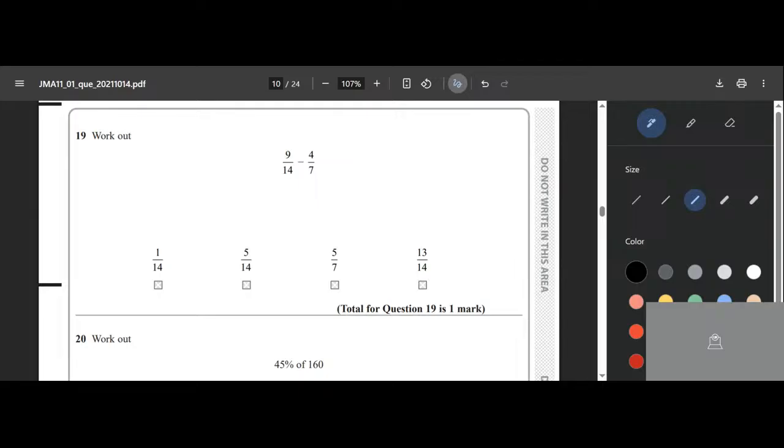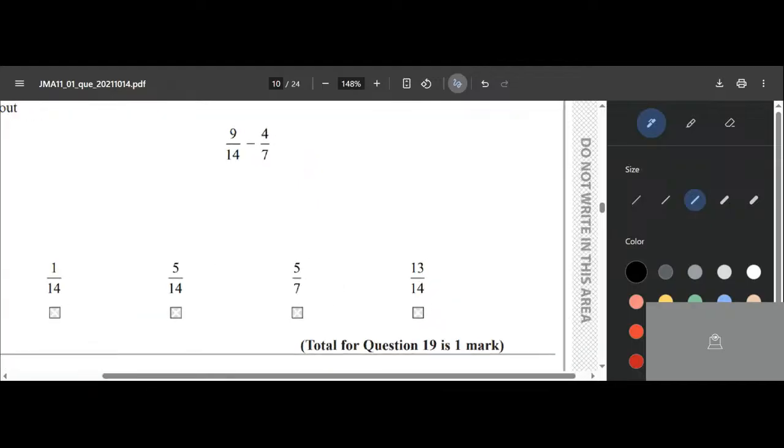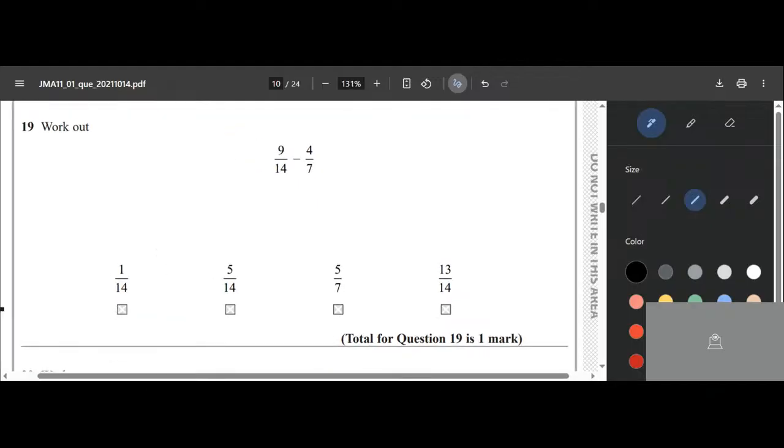Question 20. There are many ways we can solve this. You are just told to work out. Just make the bases the same. So what will I do to make these bases the same thing? Let us find the LCM. The LCM of 14 and 7 is 14.